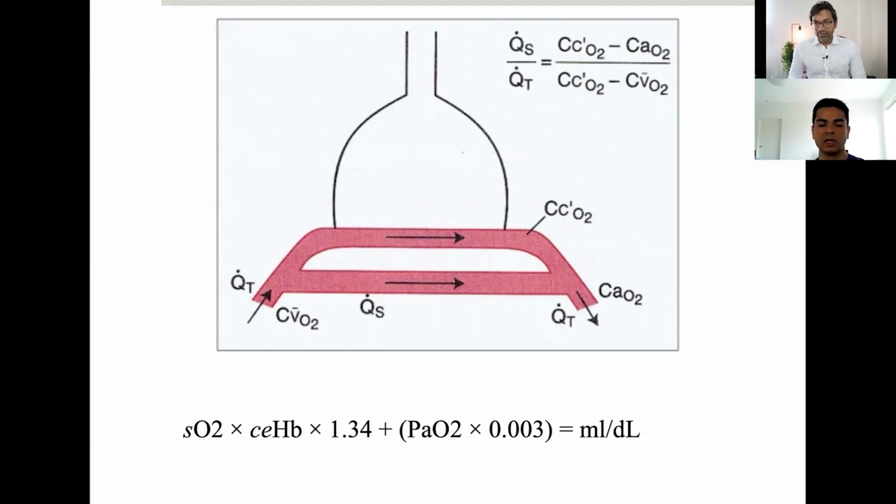Yep, perfect. Your CVO2, as we've already discussed, is your mixed venous blood, which you can get from your PA catheter, which is, again, a mixed venous amount. So you take a sample out, and in this case, you will run it through the blood gas machine. So you get your P mixed venous O2.